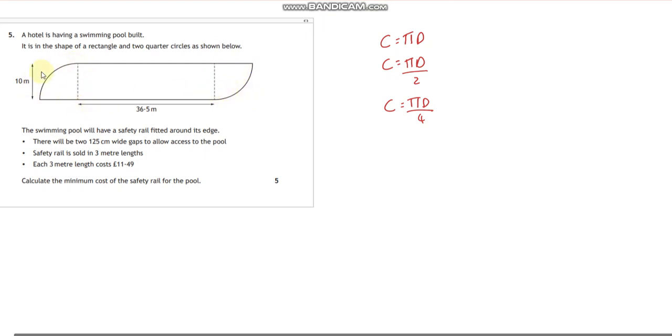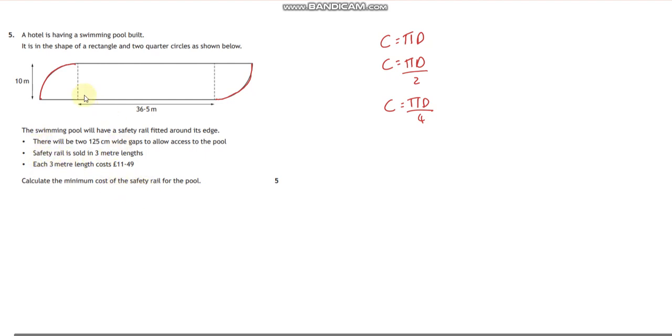But if I was to put these two together, that's a quarter of a circle. There's another quarter of a circle circumference. So those two together are going to give me half of a circle. Okay, so just to watch out for that. Okay. So we've got the rectangle, we've got the two, like I said, the two quarter circles. We're going to do some safety railing around it. Okay.